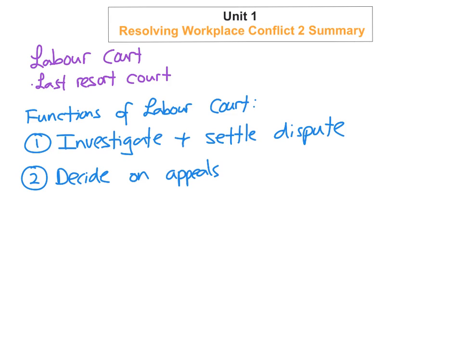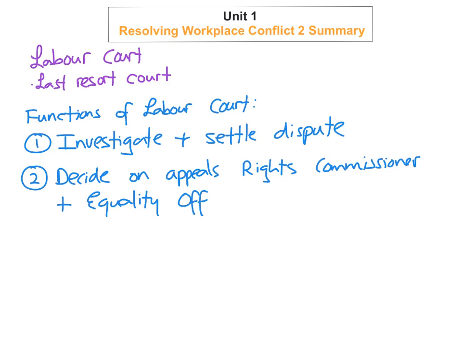So we can say decide on appeals against decisions of the Rights Commissioner, and to decide on the appeals against the Equality Officer. Because if the Equality Officer decision is appealed, it will go to the Labour Court.